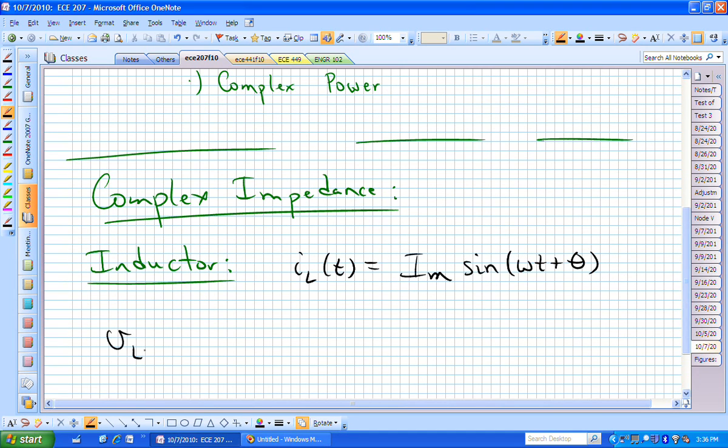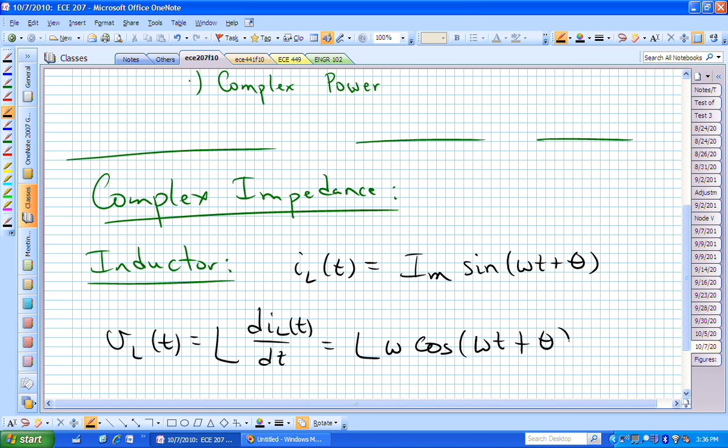Because of ELI, we know the current voltage relationship in the time domain of an inductor. V is equal to L di dt. And if we differentiate that sine wave, the L is just a scaling factor, but now that omega comes outside of the argument and scales the result, or scales the voltage, we have L omega cosine omega t plus theta.